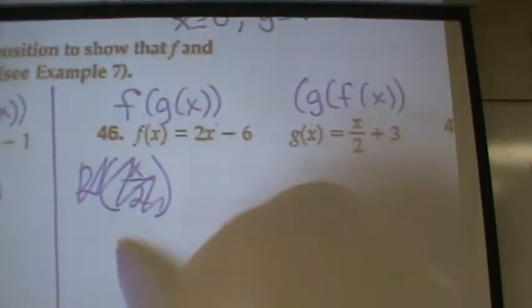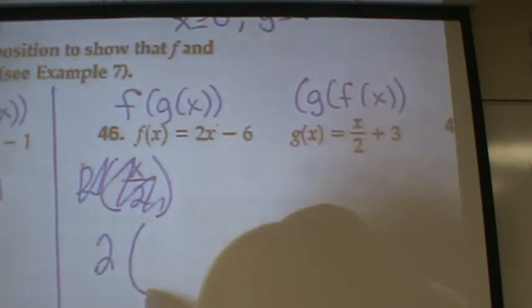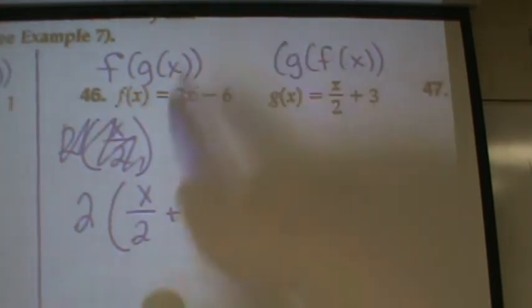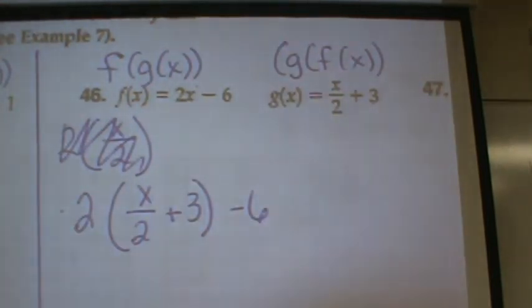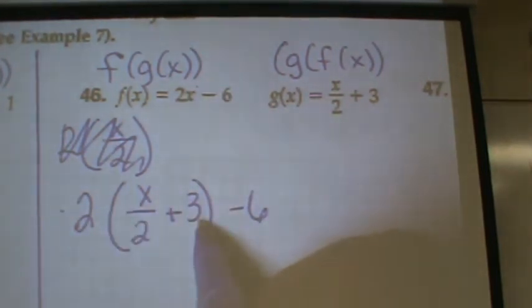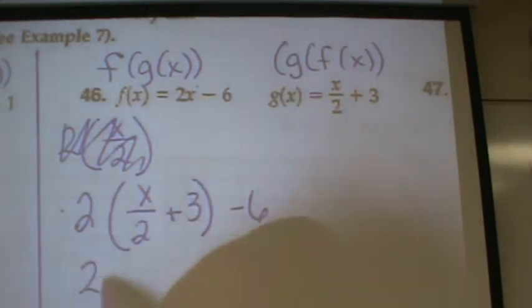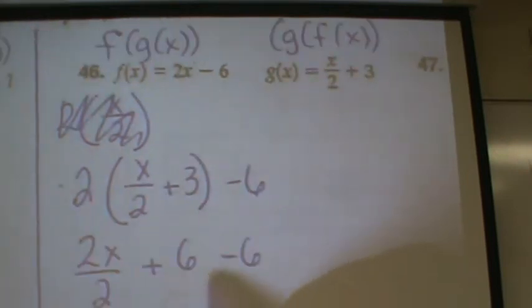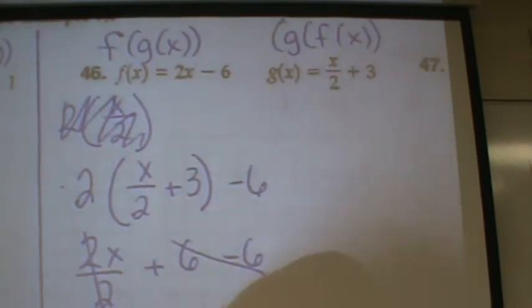Let me start over. 2 times, plus 3 minus 6. These cancel. 2 times x. These are going to cancel, but then this is going to give you 6. So you have 2x over 2 plus 6 minus 6. These cancel, this cancels, and you end up with x.